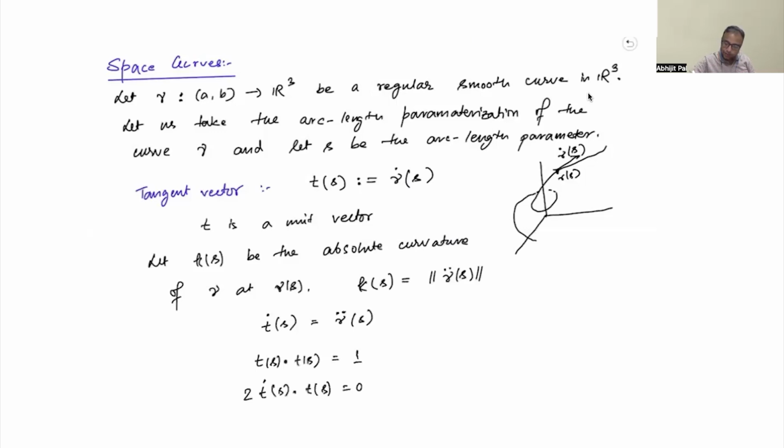Note that gamma dot s is d gamma by ds, and T dot s is dT by ds. This implies that T dot s is orthogonal to T(s).